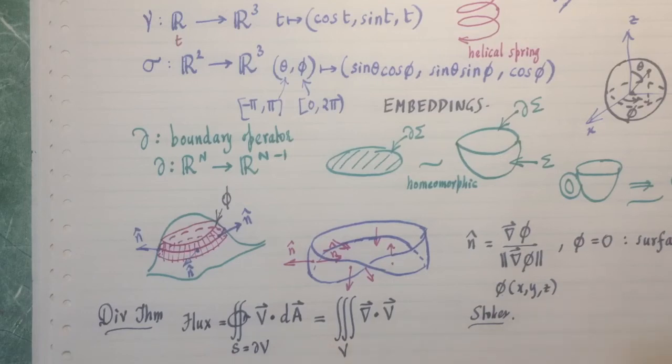That's Gauss's divergence theorem. Stokes' theorem says the following.